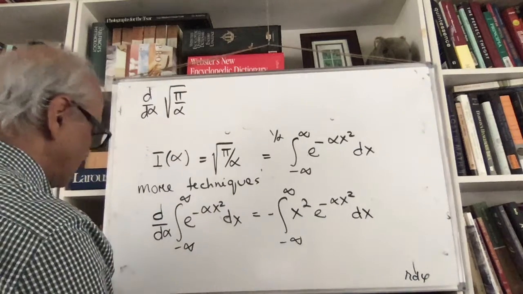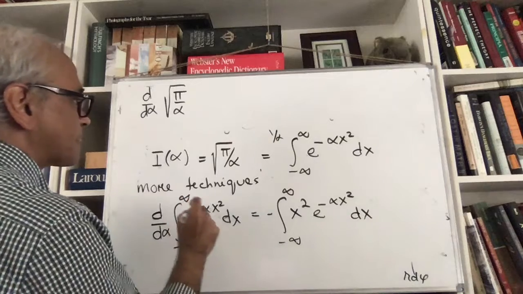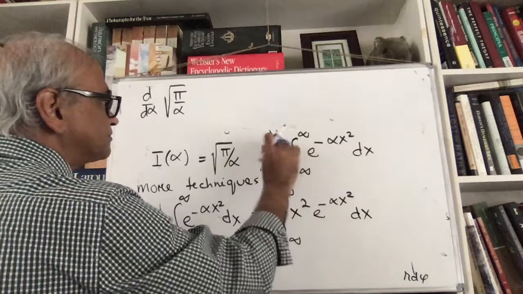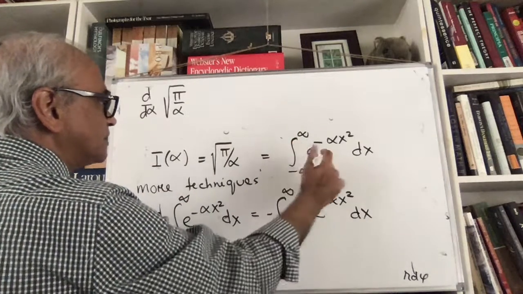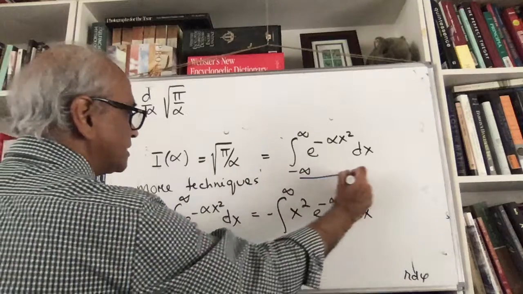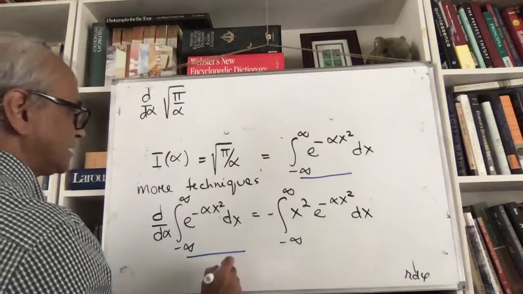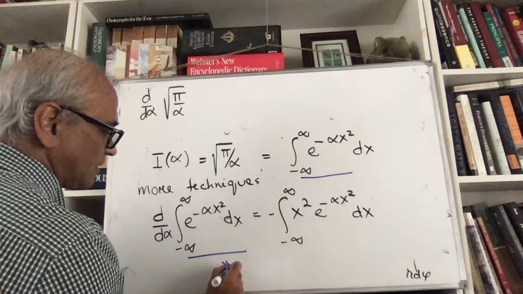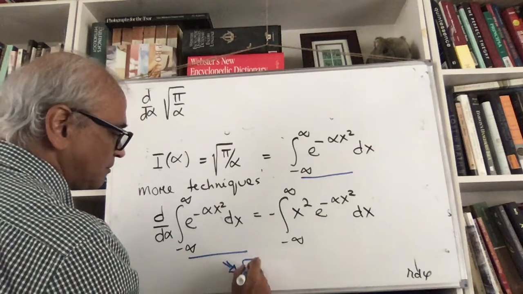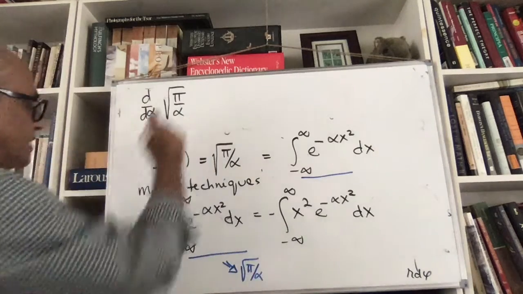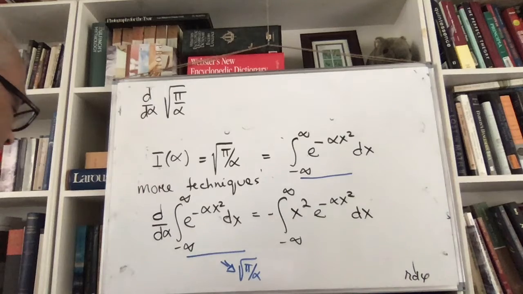Where does that come from? Well, because this one I know is pi over alpha right here, and this guy is root pi over alpha. So that's what I have up here, root pi over alpha.